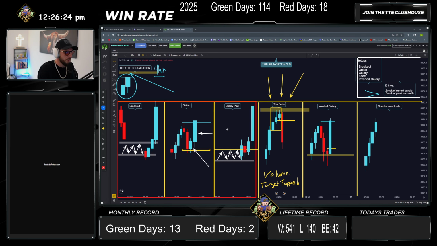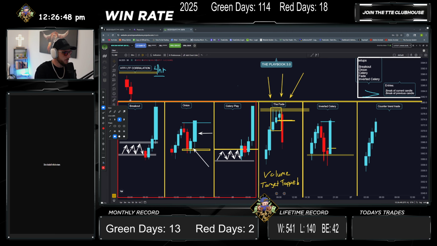Let's say that the higher time frame was actually bearish, right, and it hit a target. So let's remove this 4-hour here, and let's pretend that the 4-hour candle is bearish, right? So as you can see, the fade and the inverted celery are very, very similar in a way. They both relate to the target tapped concept, right?